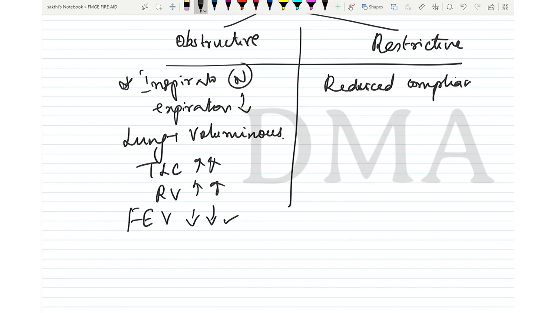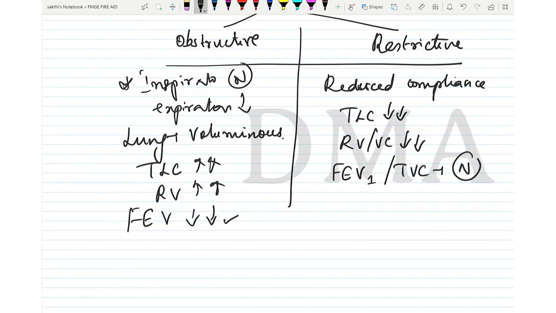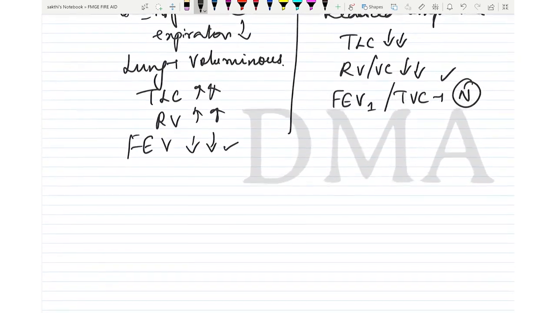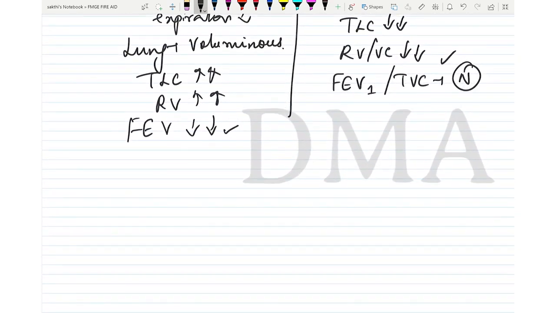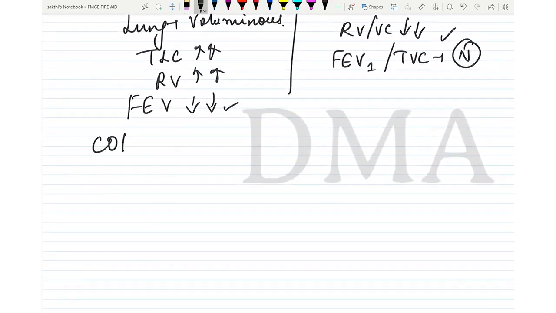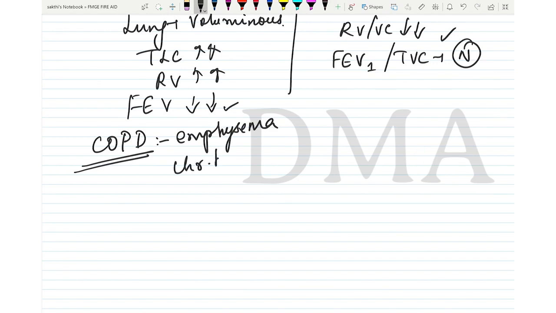The 4 prototypes of these disorders are emphysema, chronic bronchitis, bronchiectasis, and bronchial asthma. Whereas in restrictive disorders, there are so many disorders like pneumoconiosis, which is exposure to inorganic substances.